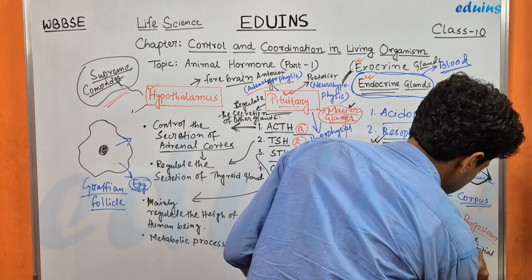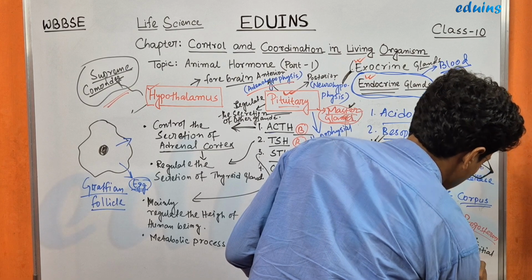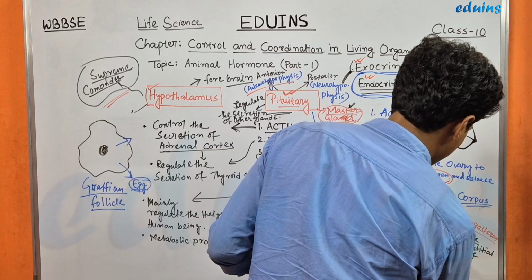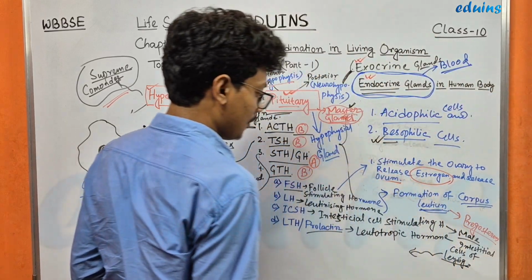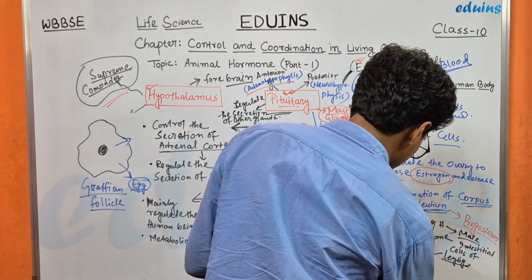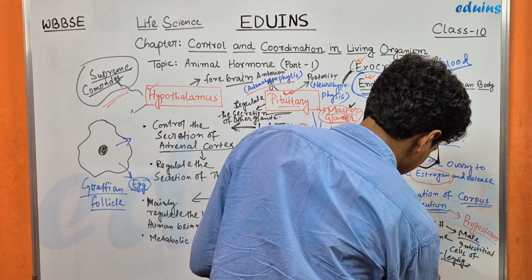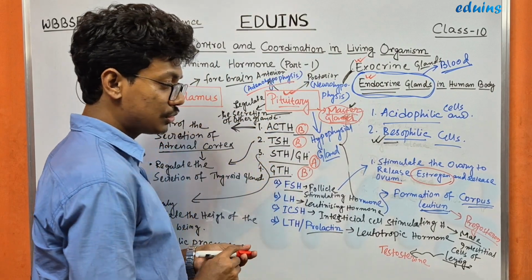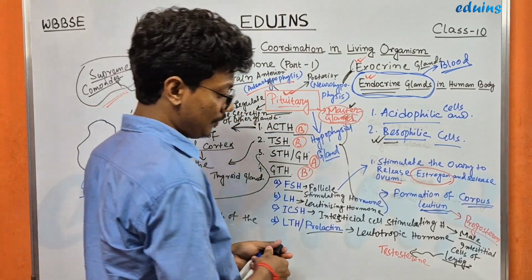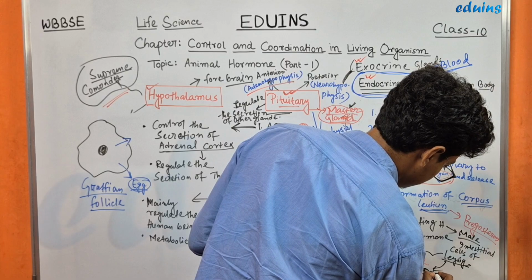Interstitial cells of Leydig stimulate the release of the hormone, that is testosterone, and also help in the production of sperm. Okay.